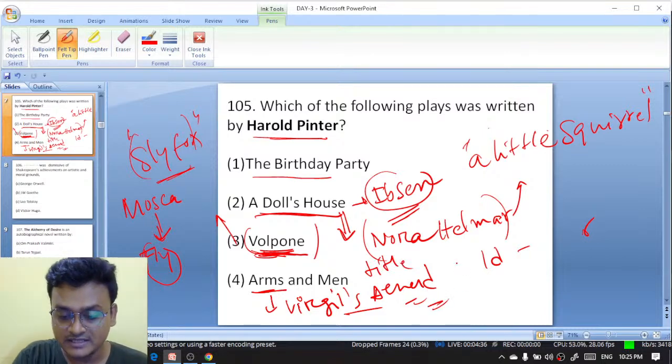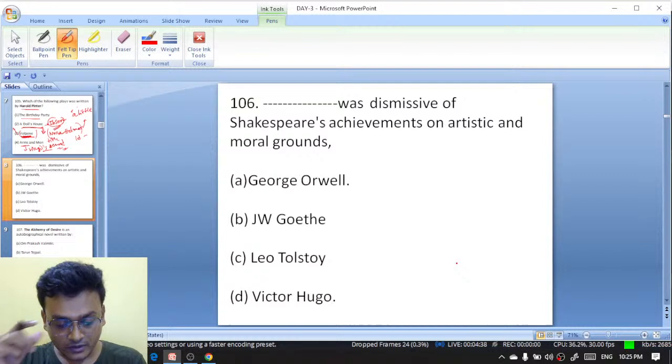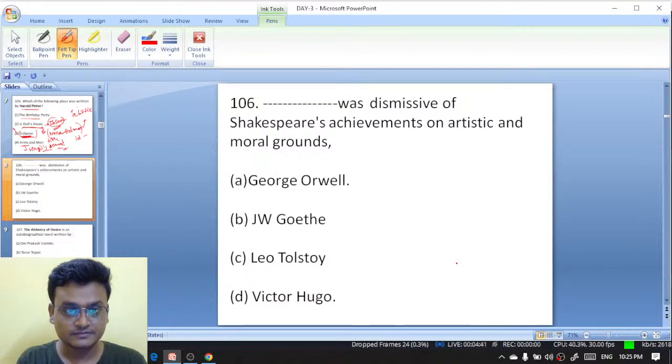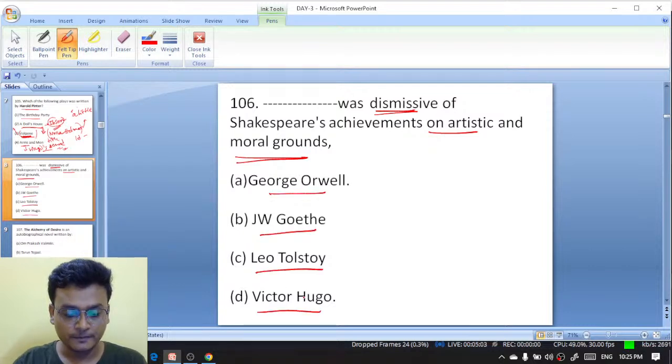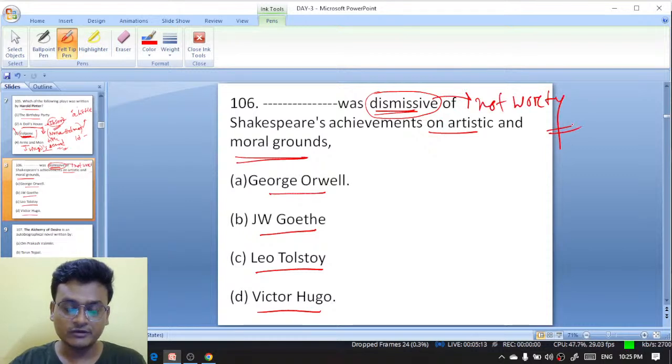Okay, moving on to question number 106. Dash was dismissive of Shakespeare's achievement on artistic and moral grounds. George Orwell, Goethe, Leo Tolstoy, Victor Hugo. Dismissive means that he was criticizing, not finding it worthy.